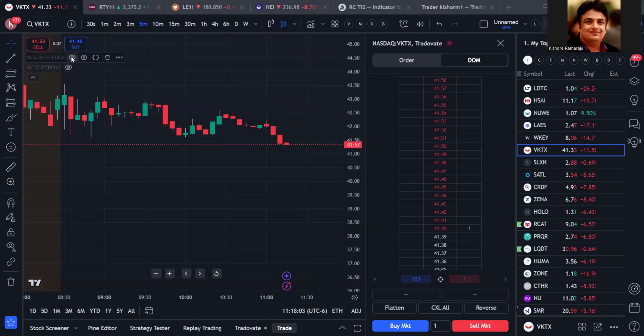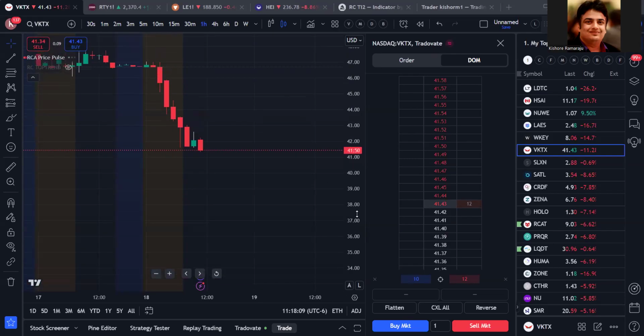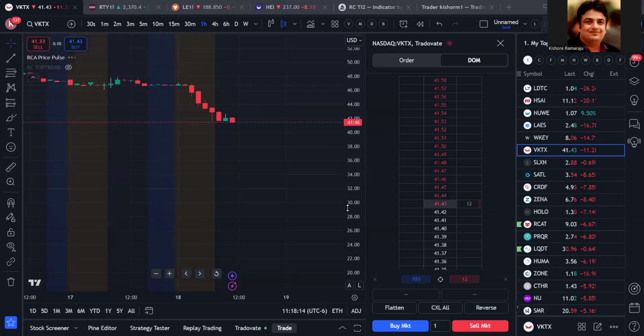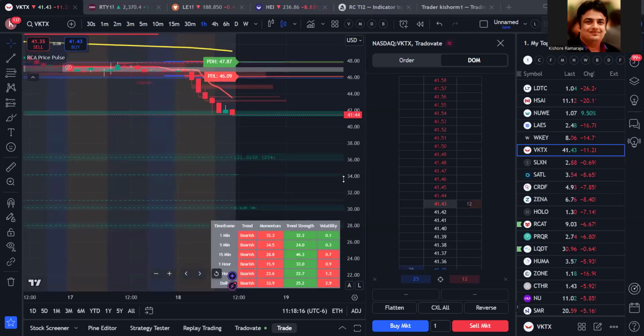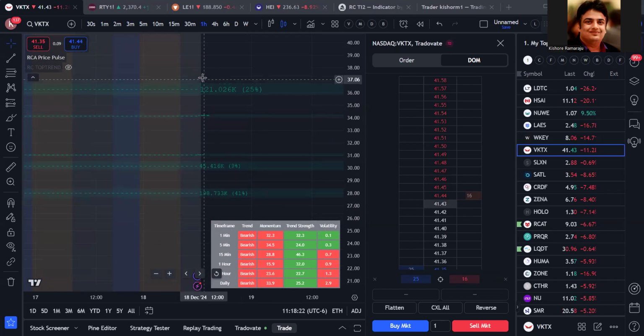So again, if I look in the 1 hour time frame, there is a possibility by next week we may go till $36. Right? That is where there is major buy orders.